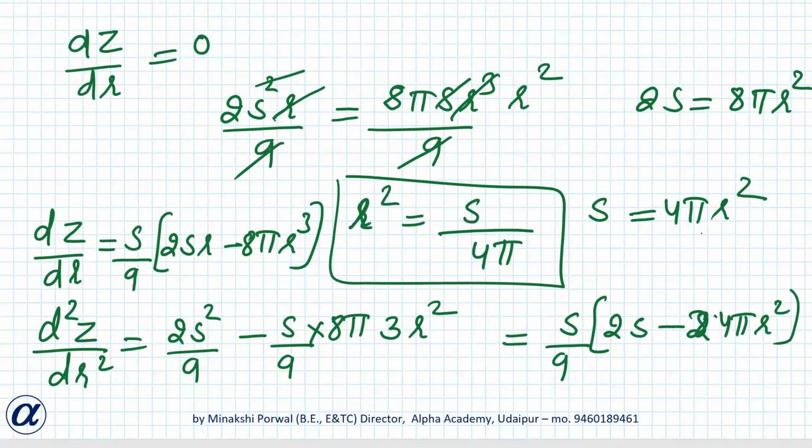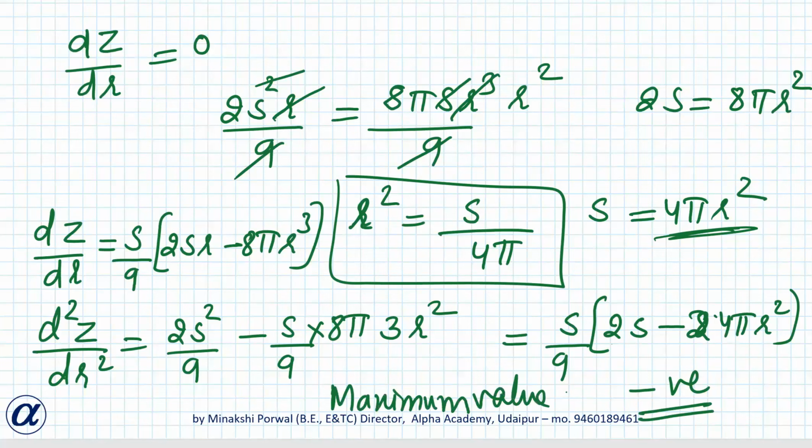When you substitute s equals 4 pi r square, 2s is 8 pi r square, minus 24 pi r square, so it will be negative. The second derivative is negative, which means z has its maximum value at r square equals s by 4 pi.